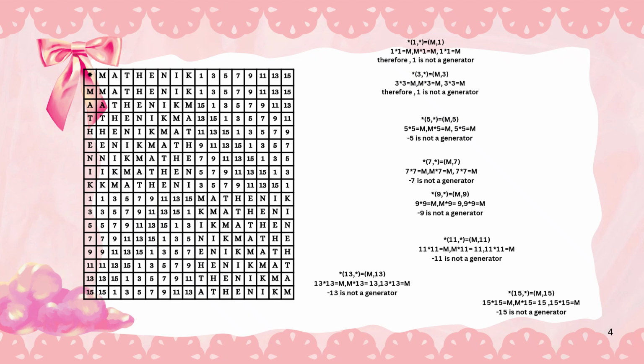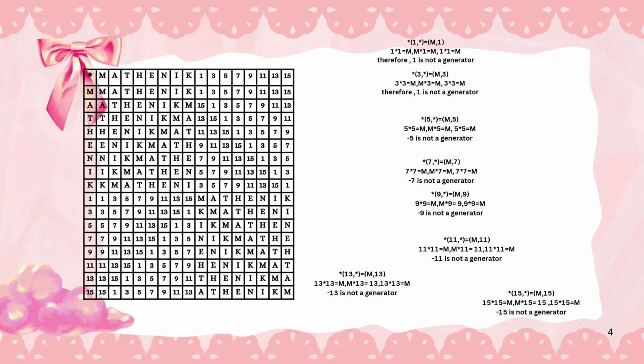Now let's proceed to 3 with the elements M and 3. 3 operates 3 is equal to M, then M operates 3 is equal to M. Therefore, 3 is not a generator. Now let's proceed to 5, which has the elements M and 5. 5 operates 5 is equal to M, then M operates 5 is equal to 5, then 5 operates 5 is equal to M. Therefore, 5 is not a generator.